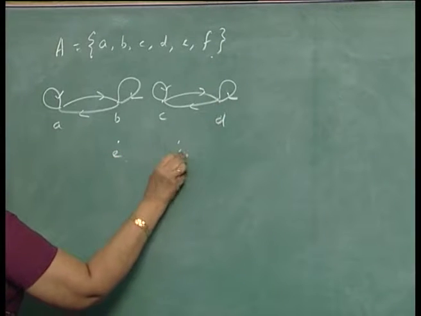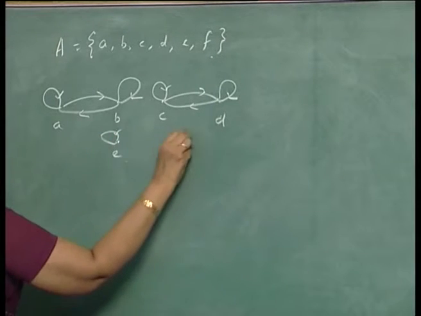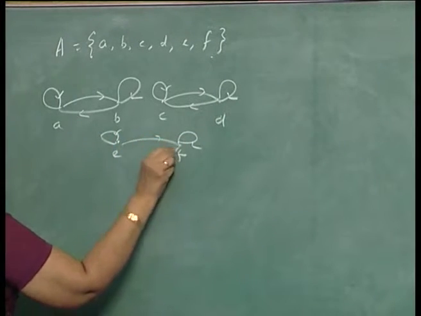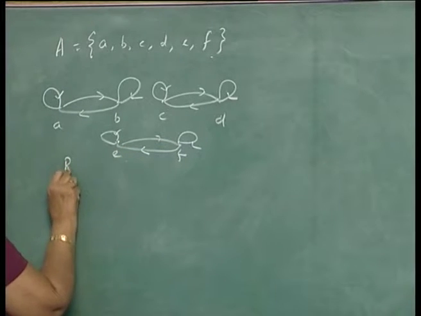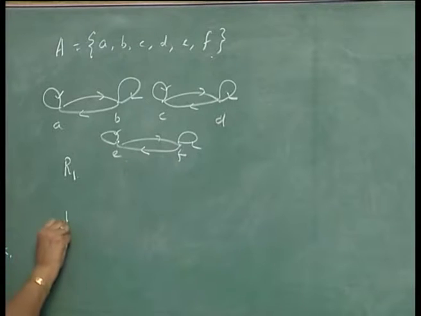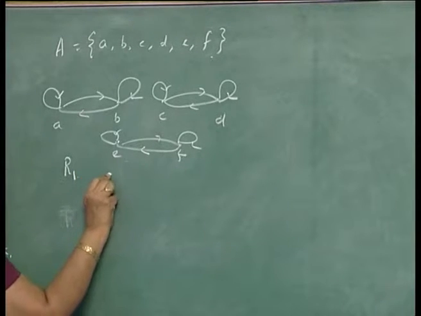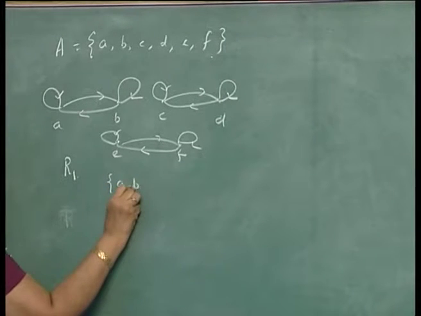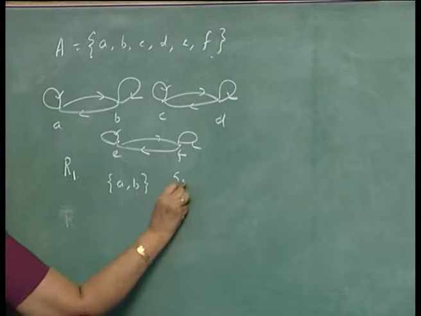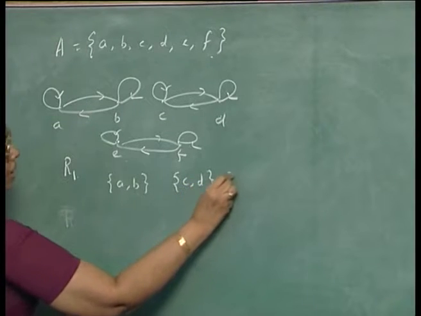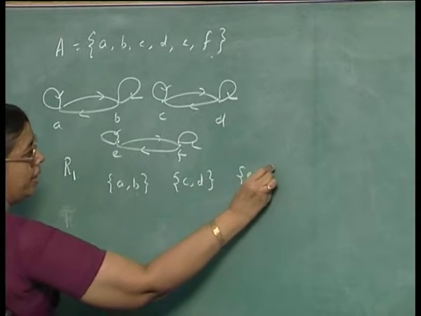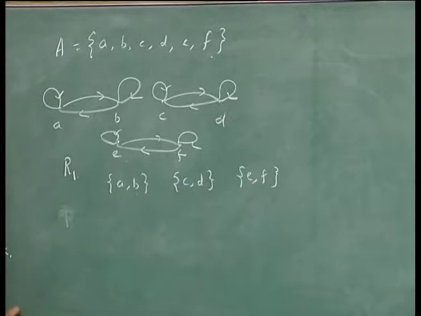I have this equivalence relation R1 on A represented like this. This divides A into equivalence classes: a and b will be in one equivalence class, c and d in one equivalence class, and e and f in another equivalence class.